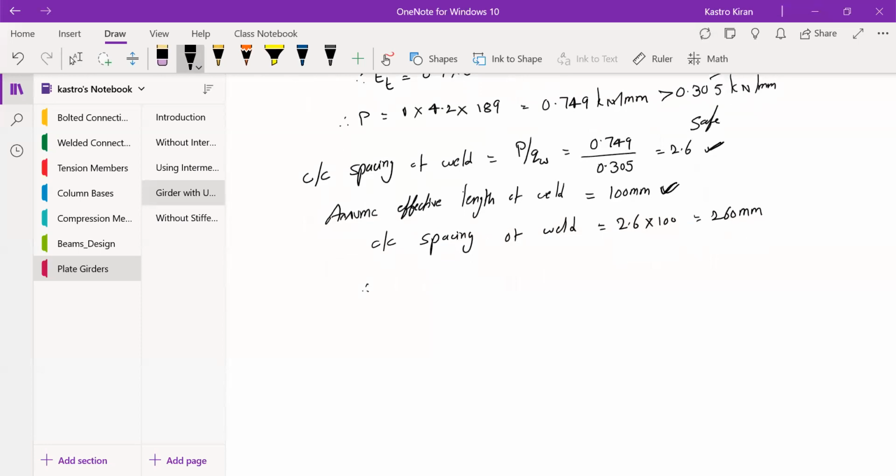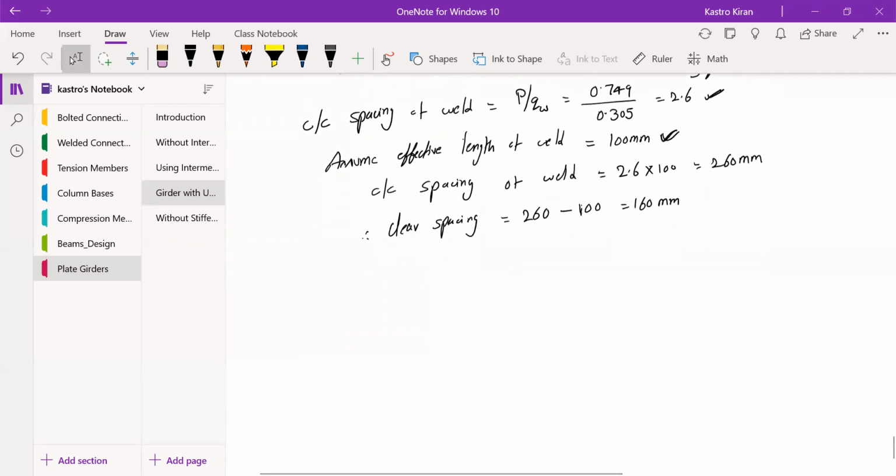So therefore, clear spacing has also to be found out. That is, clear spacing equals to center to center spacing of the weld, that is 260 mm, minus effective length of the weld, that is 100 mm, which will give you 160 mm.